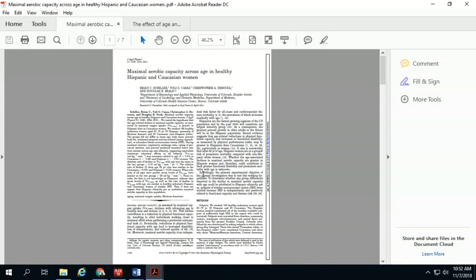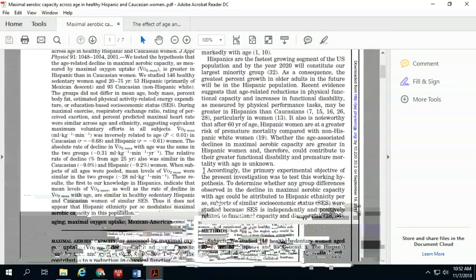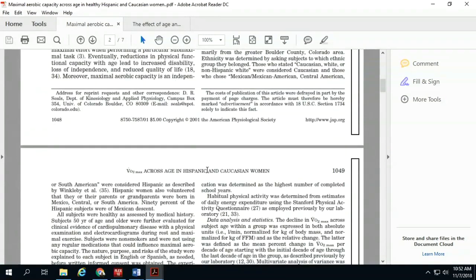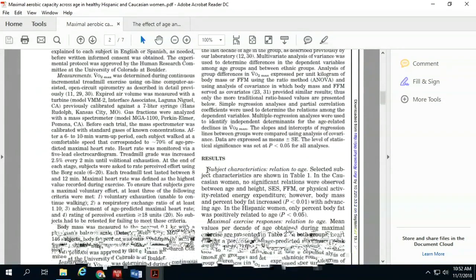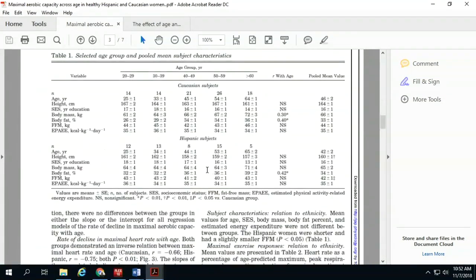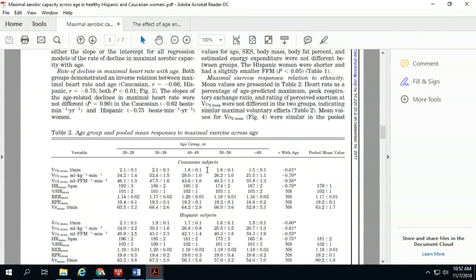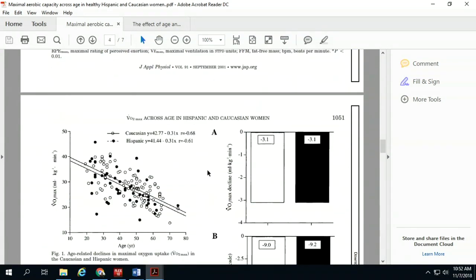In healthy Hispanic and Caucasian women? Where did you find your formula? We didn't get that far. It's right here. Everybody see it?